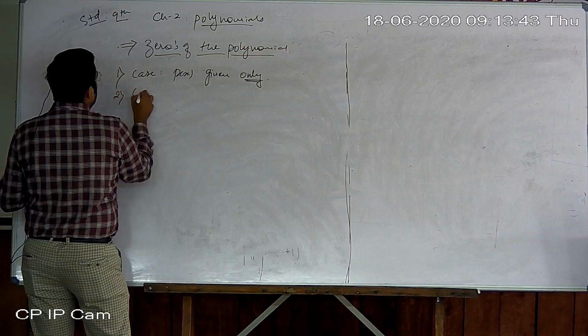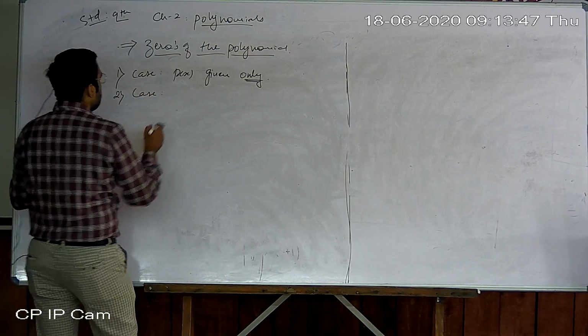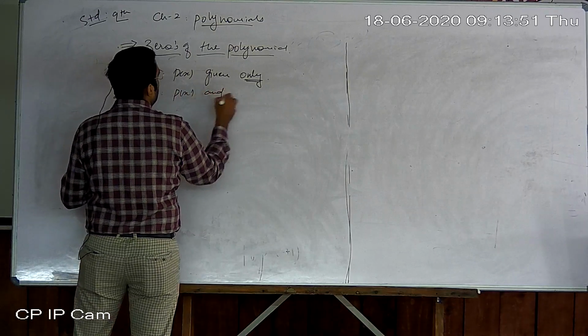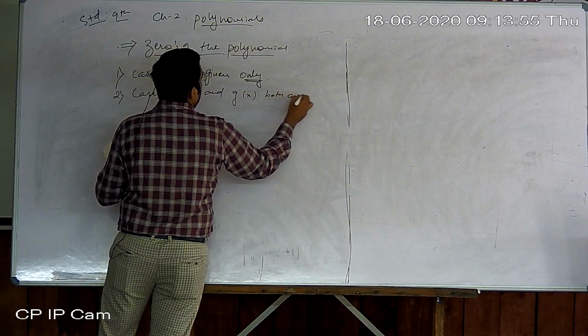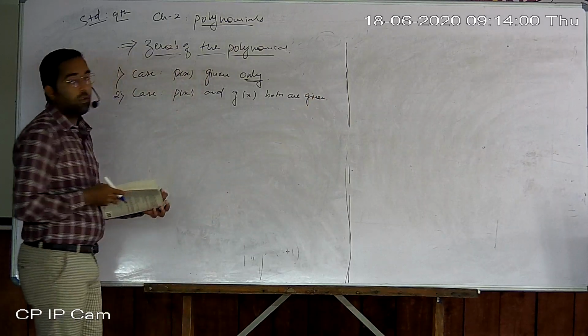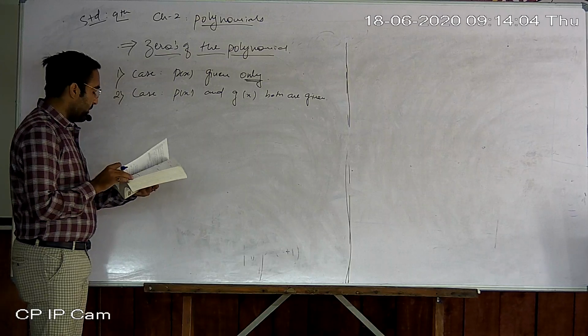And in the second case, that is p of x and g of x, both of them are given. Okay, so we have to see both of them.